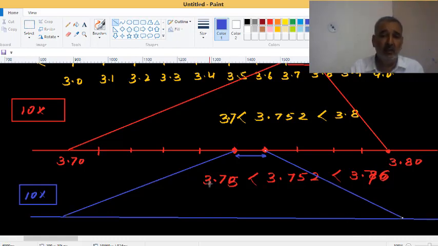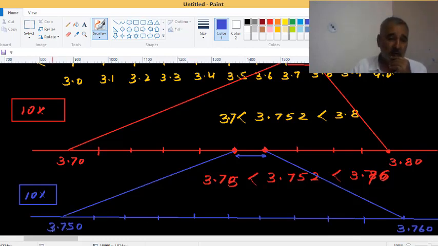Right? 3.750 here, 3.750 and 3.760. Divide it into 10 equal parts. 1, 2, 3, 4, 5, 6, 7, 8, 9 and 10.